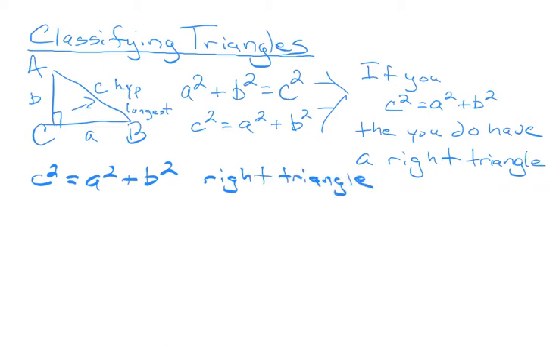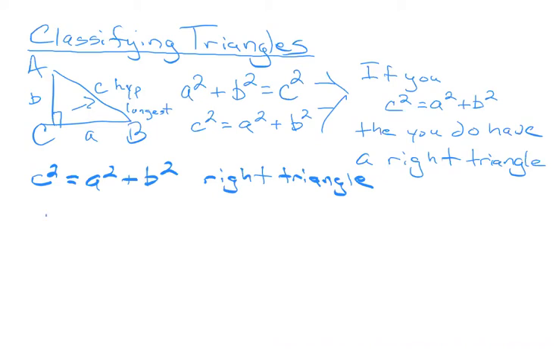In all these problems that you get when you're classifying, you'll be looking at three sides. You put the longest side first, and then you check. So before I put an example, I'm going to show you how you can also determine if it's an acute triangle.